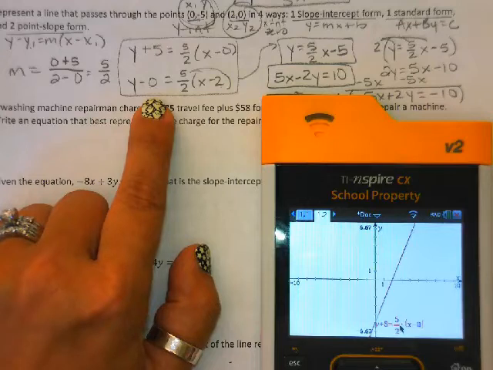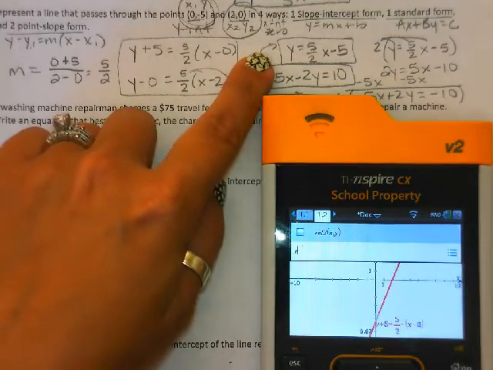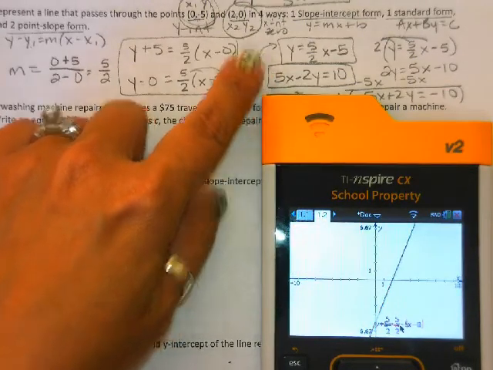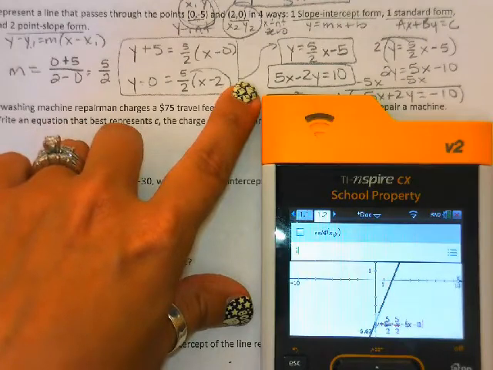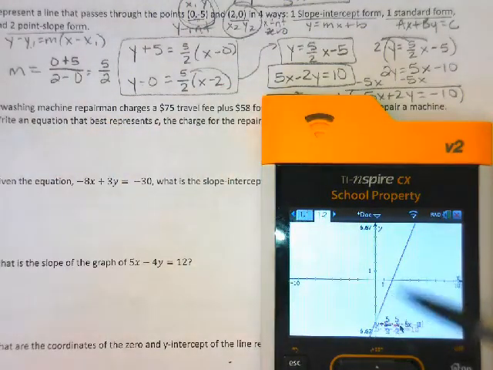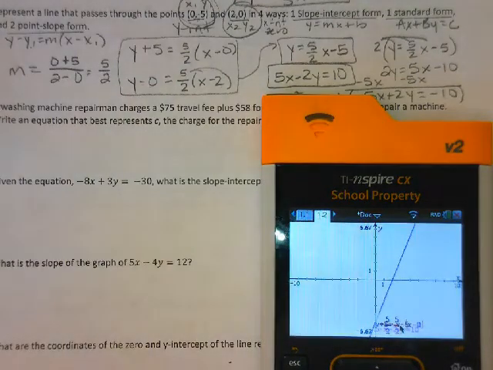Yay, we did well there. I have y equals 5 over 2, x minus 5. And then my standard form is 5x minus 2y is equal to a positive 10. All of them overlap. If I had one that did not overlap with these others, I would know that I had converted it incorrectly.